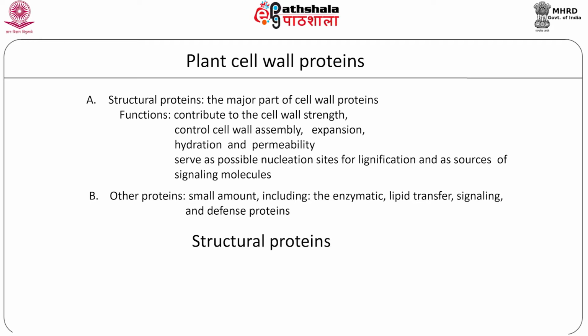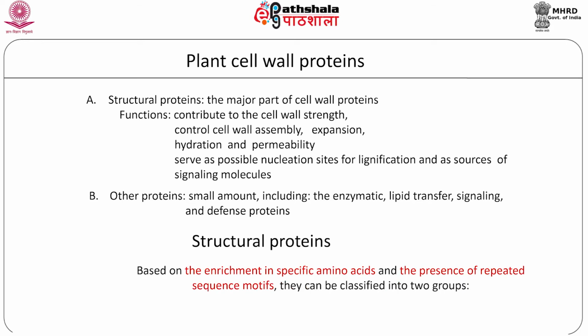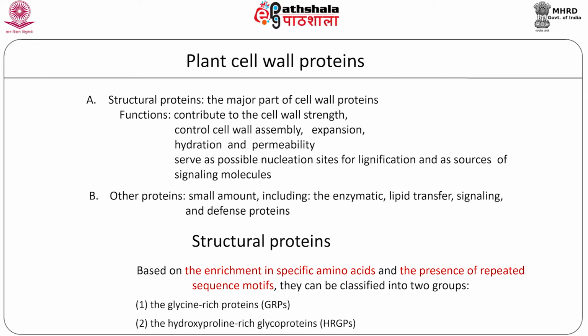First, structural proteins. Based on the enrichment of specific amino acids and the presence of repeated sequence motifs, they can be classified into two groups: the glycine-rich proteins, that is GRPs, and the hydroxyproline-rich glycoproteins, that is HRGPs.